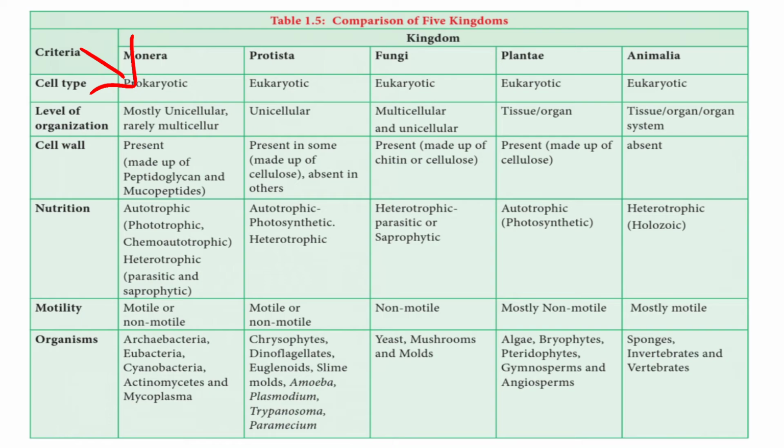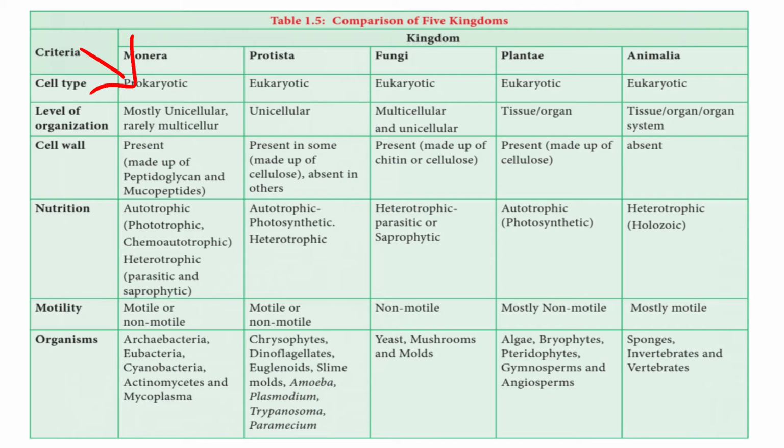Cyanobacteria is blue-green algae; nowadays it is called blue-green bacteria. Actinomycetes is a type of fungi; we will discuss it in the fungi class. And mycoplasma is a combination of fungi and bacteria, so it is called mycoplasma.